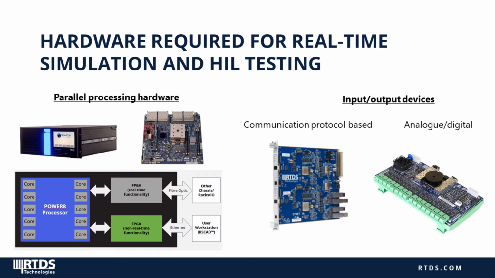To do nodal analysis on the power system with a 25 to 50 microsecond time step is very intensive, and of course the processing power required increases with the size and complexity of the network that you want to simulate. To achieve this, the RTDS simulator is built on dedicated parallel processing hardware, specifically integrated for the real-time simulation application. Our current hardware generation is called NovaCore.